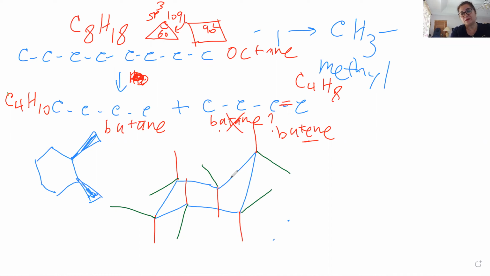But cyclohexane and cyclopentane are more stable because the angle is expected to be 109 and is about 108 for cyclopentane.